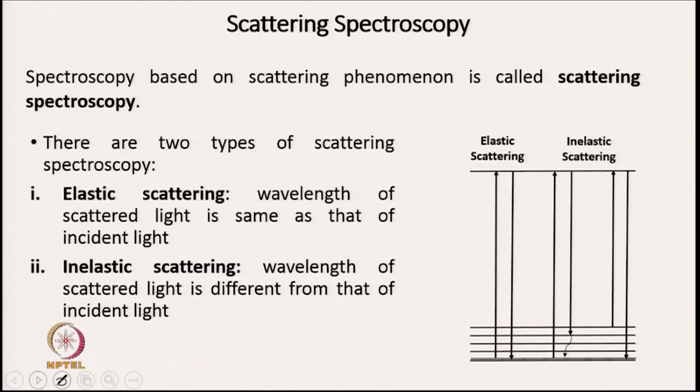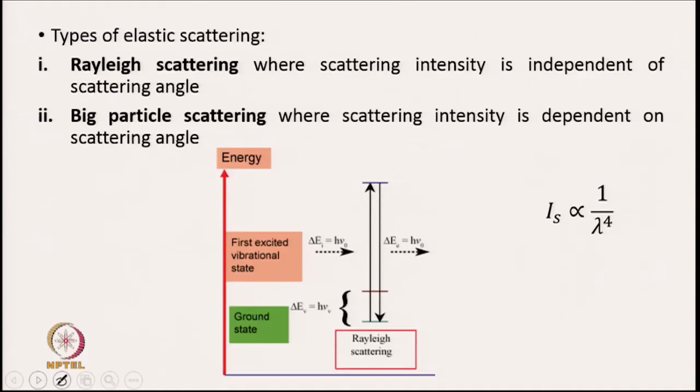But in inelastic scattering, the energy gap is going to be different for the emission and the scattered light, and in this case lambda is going to be higher for the scattered light in comparison to lambda of the incident light.